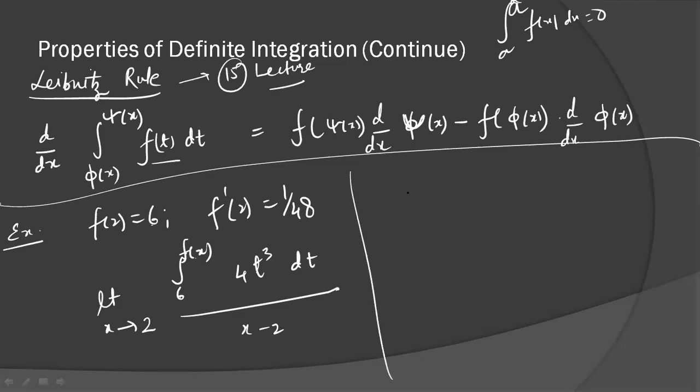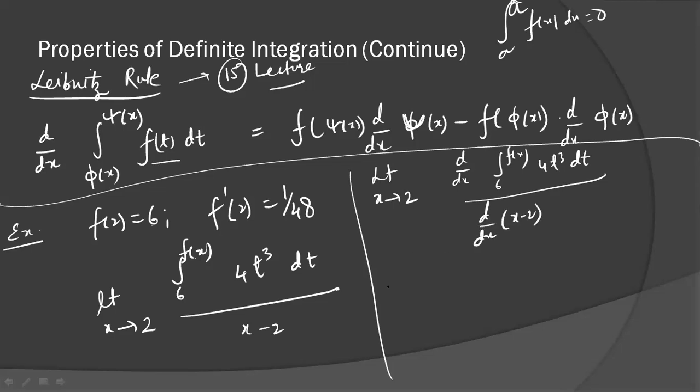So we can apply the L'Hospital rule. It means we have to differentiate numerator and denominator both. So integral 6 to f x of 4t cube dt over d by dx of x minus 2. This is the Leibniz rule. So if you differentiate it, put the upper limit in the place of t, it will be 4 f x whole cube into the differentiation of upper limit, that will be f dash x.